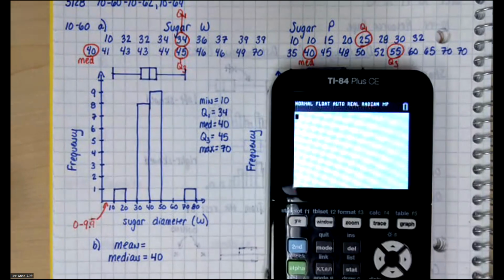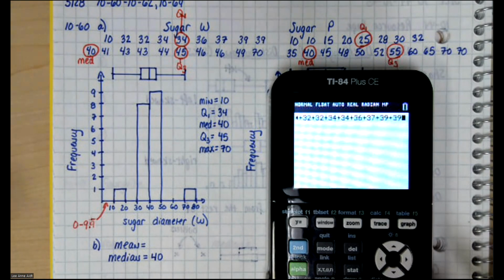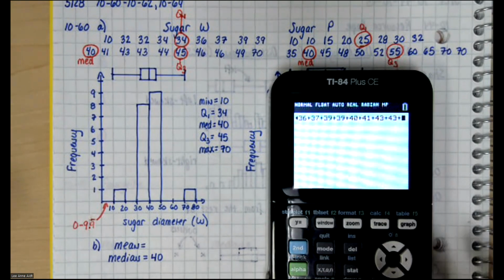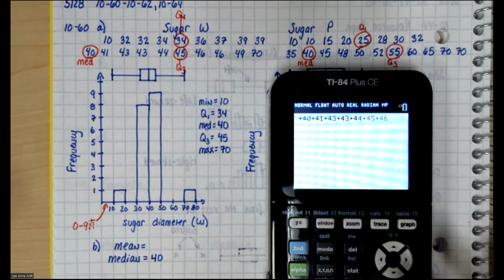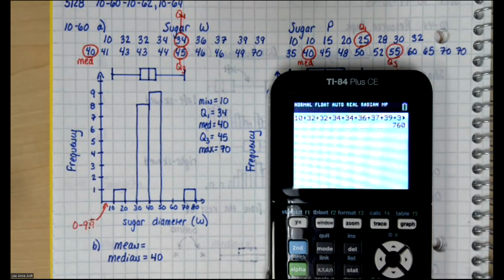Okay, I'm gonna do it in a calculator. 10 plus 32 plus 32 plus 34 plus 34 plus 36 plus 37 plus 39 plus 39 plus 40 plus 41 plus 43 plus 43 plus 44 plus 45 plus 46 plus 46 plus 49 plus 70. Whew. I hope I did that right.